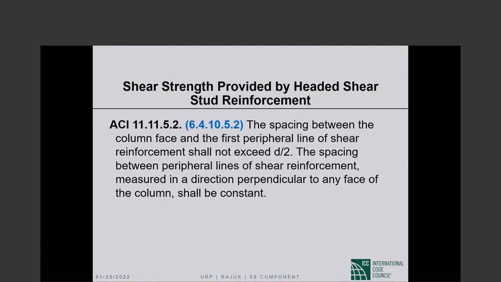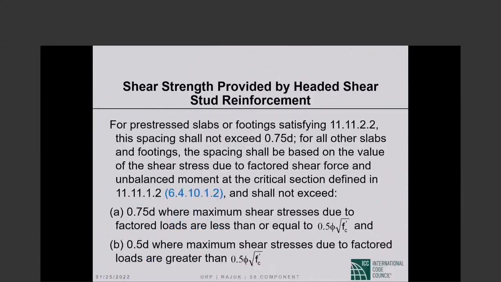The spacing between the column face and the first peripheral line of shear reinforcement shall not exceed d over 2. As in the case of conventional shear reinforcement, the spacing between peripheral lines of shear reinforcement shall be constant. Okay, you will not keep on varying that.